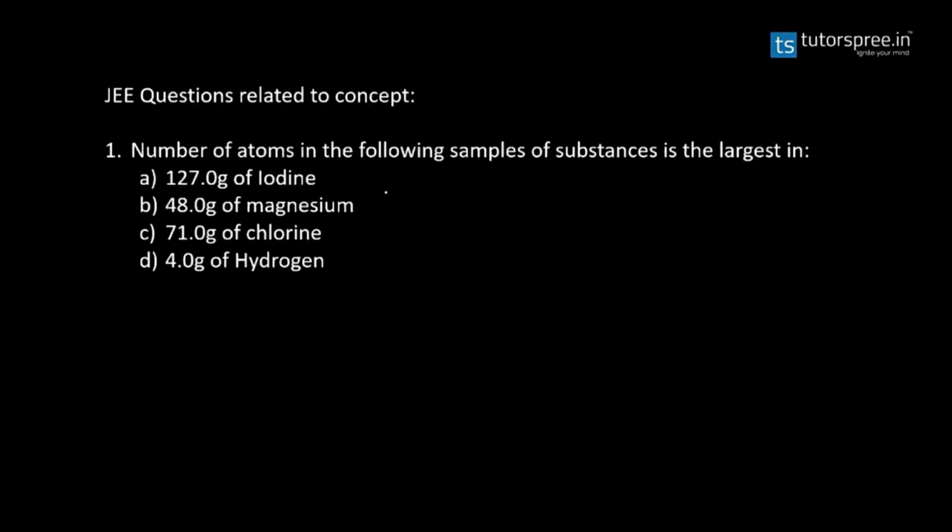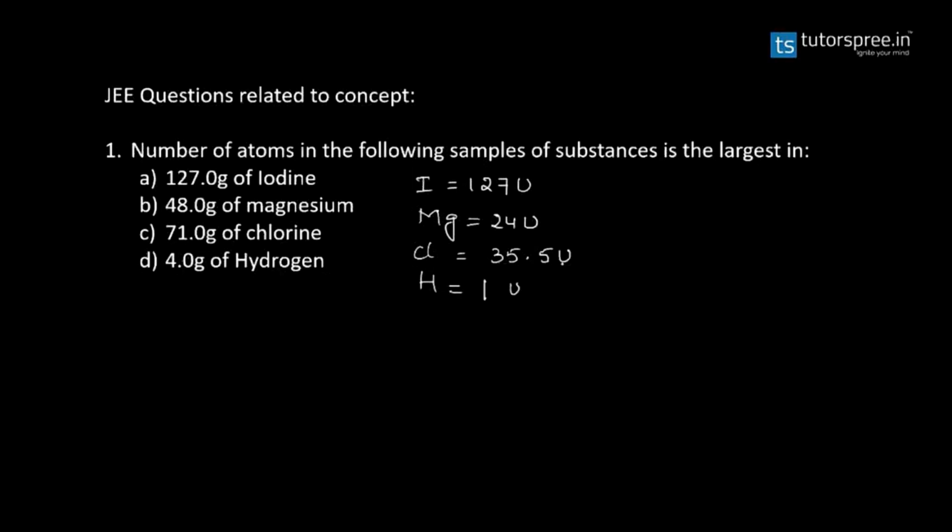The atomic weight of iodine is 127 units. Magnesium is 24 units. And that of chlorine is 35.5 units, whereas hydrogen, as we already know, is 1 atomic mass unit.